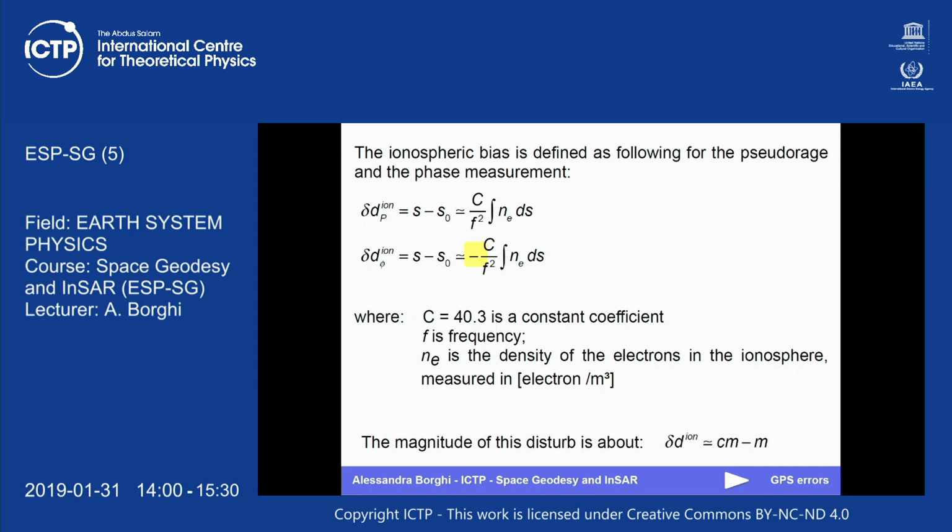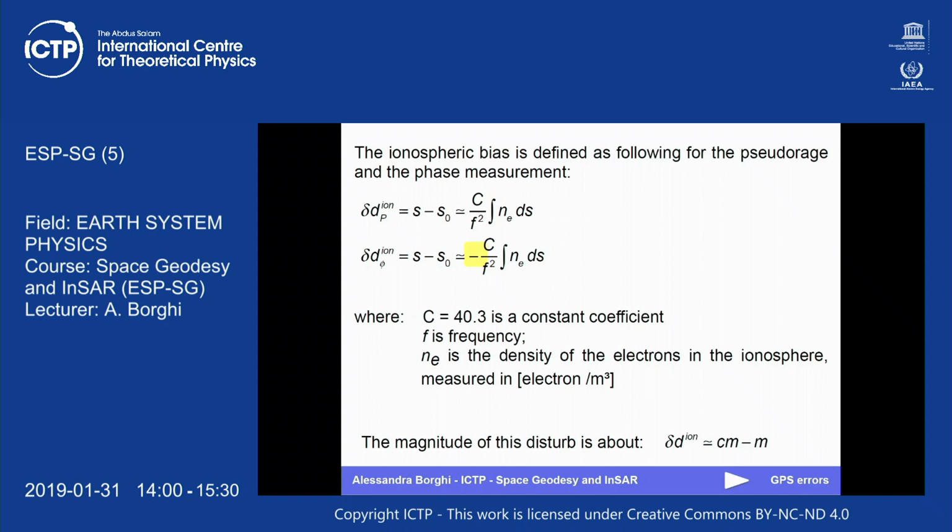So we can compute again the differences in the paths due to this layer. This is without a dispersive medium, and this is with the dispersive medium. And this is the relationship, the equation of the delay, in a first order approximation. It depends on the frequency of the signal. C is a constant, and it depends on NE, the density of electrons present in the ionosphere.